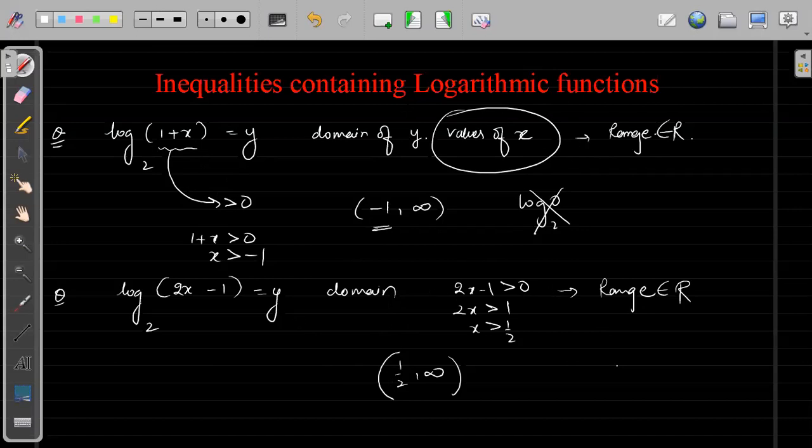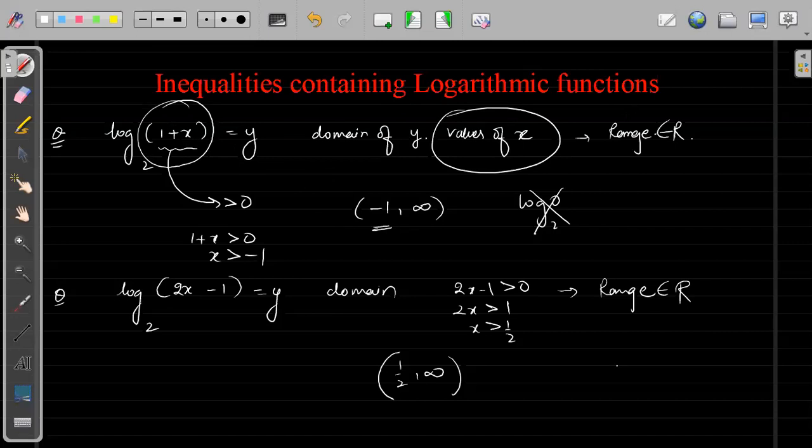x is taking values from minus 1 to 0, and from 0 to infinity, so y will also take all the values. There is no restriction on x.